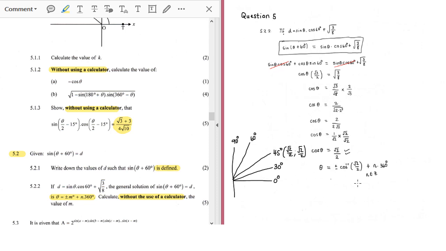So now that we've identified that, we can answer this question and say, therefore, theta is equal to plus or minus 45 degrees, because if you take the cosine of 45 degrees, that's what gives you the output root 2 over 2. Then we just add all of these other things. And then lastly, answer the question. Therefore, m is equal to 45 degrees.